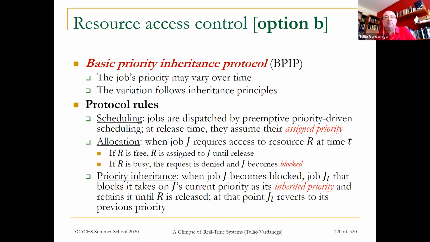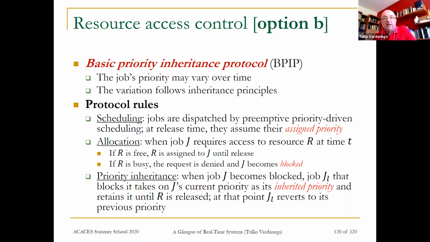then I become blocked. So I'm leaving the ready queue. I'm no longer in the ready queue, but I'm not there voluntarily because I'm not finished. So I'm in a special status called being blocked. But because I'm blocked by definition by a job that has lower priority than me, I can do something for it. I can give that job my priority. And because I was running at the time, it means at the time my priority was high enough to run.